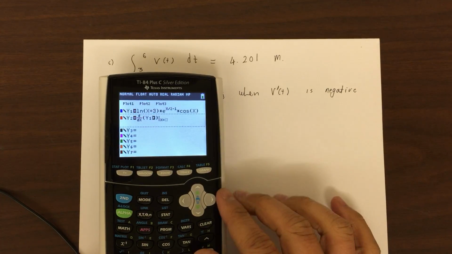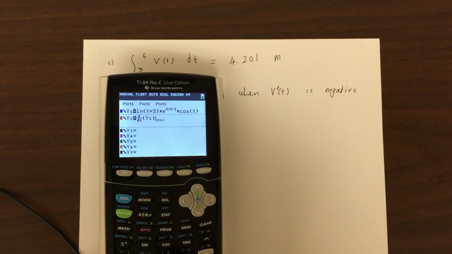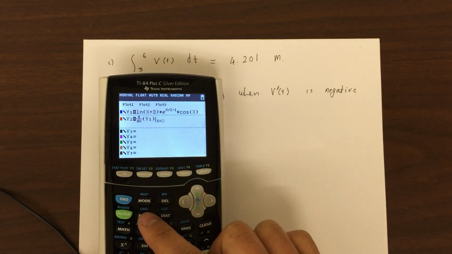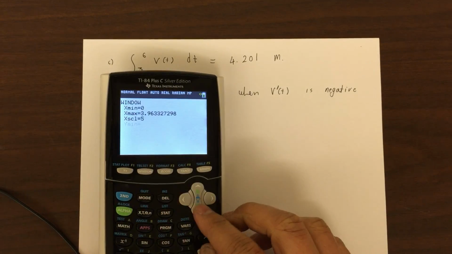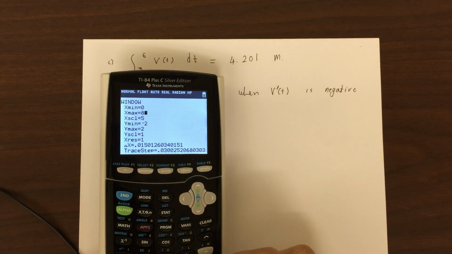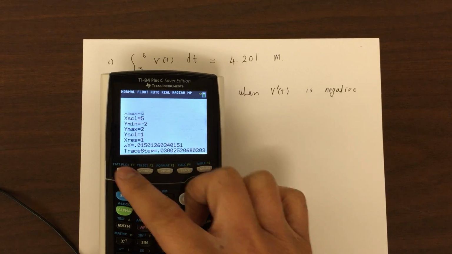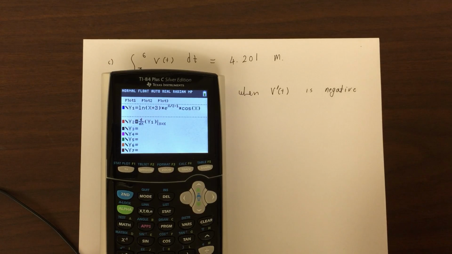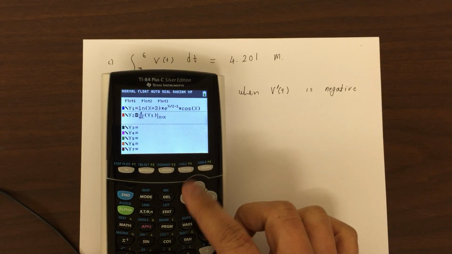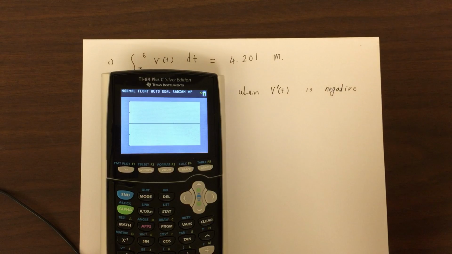Now to graph the derivative, the x should equal x. Make sure your window is from 0 to 8, then go back to your y. You don't want to graph that, so unhighlight it by hitting enter. You only want to highlight the one you want to graph. So let's go ahead and graph.